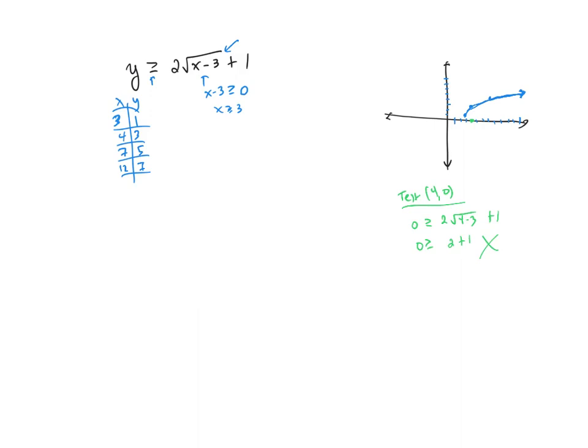Now, there's one thing you have to watch out for when you're shading on these, and that is the fact that if I just shade above, I'm shading a whole lot of stuff over here that doesn't even work in the inequality, because there's a domain stoppage, right, where x is 3. Nothing less than 3 works for x. So when I go to shade, let me have my undo here to get rid of all that.